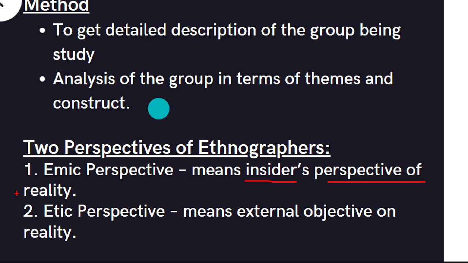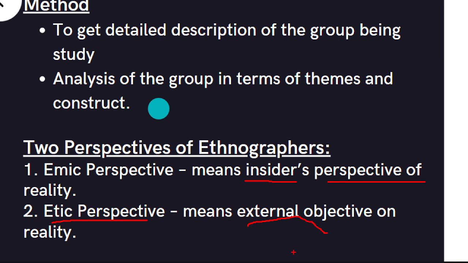So na-encounter niya na before na tumira sa isang community para pag-aralan kung ano ba yung kultura. So on the perspective of ethnographers, that is emic. Gusto nilang malaman yung kultura o yung behavior ng isang grupo na yon nang nandun sila sa loob, nang sila rin yung nakikisalamuha.